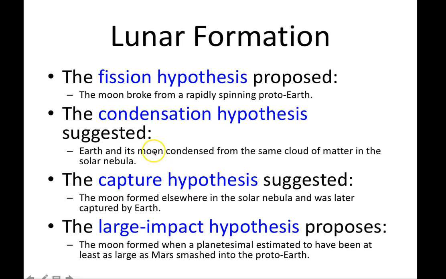Another hypothesis is basically the moon and the Earth formed from the same cloud of material. In this particular case, you would consider the orbit of the moon around the Earth, and if the moon and the Earth were created from the same material, then the angular momentum of this system would be such that the moon would be just sitting above the Earth's equator.